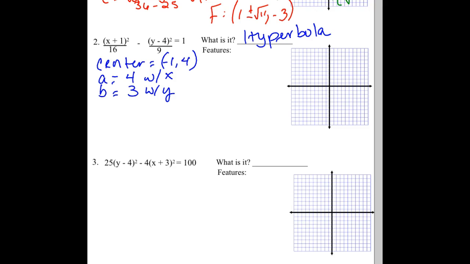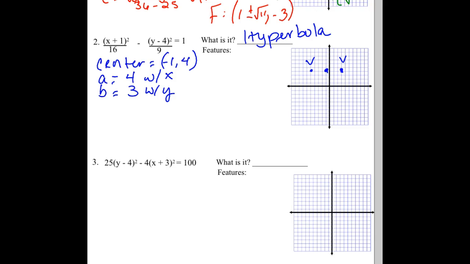Okay, so let's draw our center. All right, and then we're going to make our box. So we want to go 4 in the X direction. What am I going to call those? The A from center out to A spaces from the center is vertices.